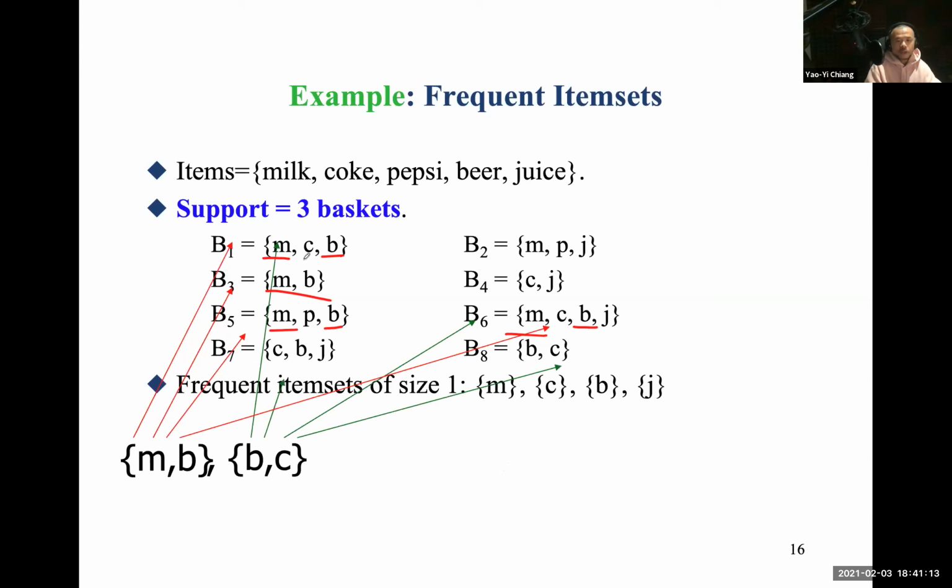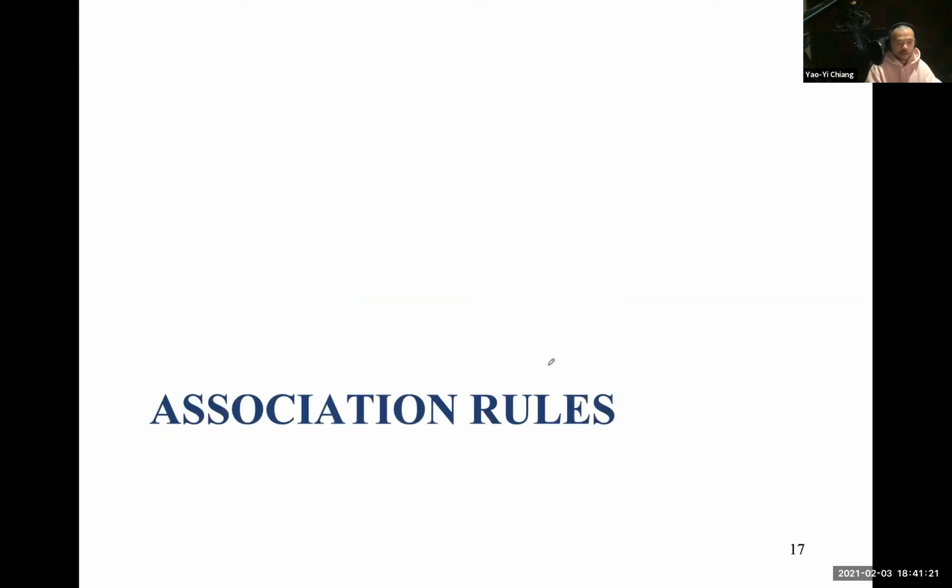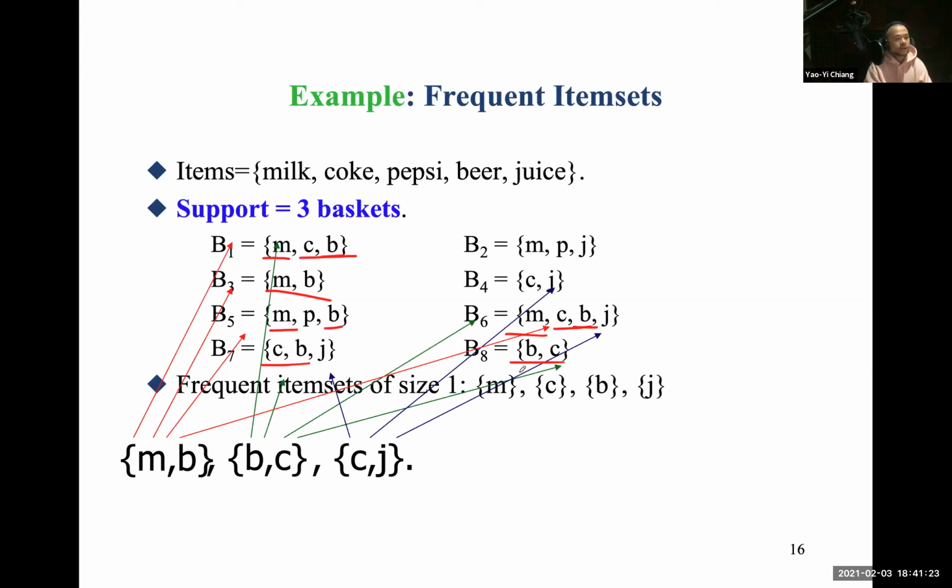B and C: also 4. And do that for C and J and so on. This becomes your frequent item sets of size 2, because their support is larger than or equal to your support threshold. This means they are frequent.